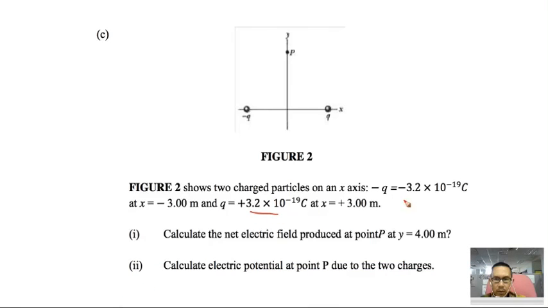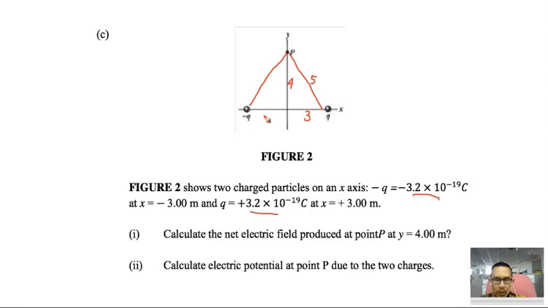Calculate, number 1, the net electric field produced at the point P when y is equal to 0. Say this direction is y, from the 4, the distance here, and x here is 3. If you draw the triangle, this is 4, 3, and this is 5.